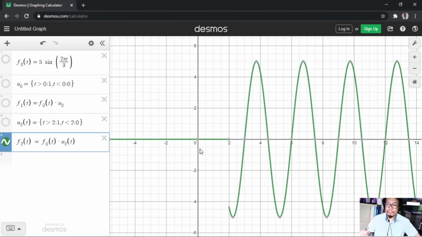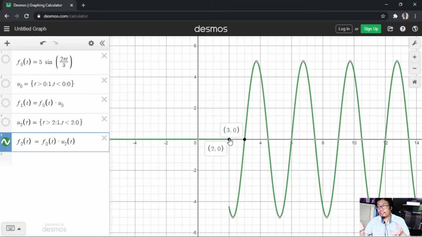But instead of making this kind of delay, you might want to start your signal from 2 seconds. So you would want this to start here, so that essentially your f of t is delayed by 2 seconds.